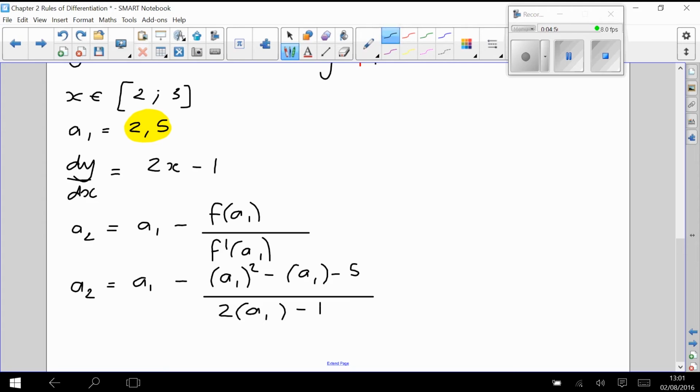When you finish pressing equals and your decimal places remain the same, then you're not going to have an estimate anymore. You're going to have your final value for your x-intercept. And in this example, if I round that off to 4 decimal places, I'm going to find that my final answer was 2.7912.